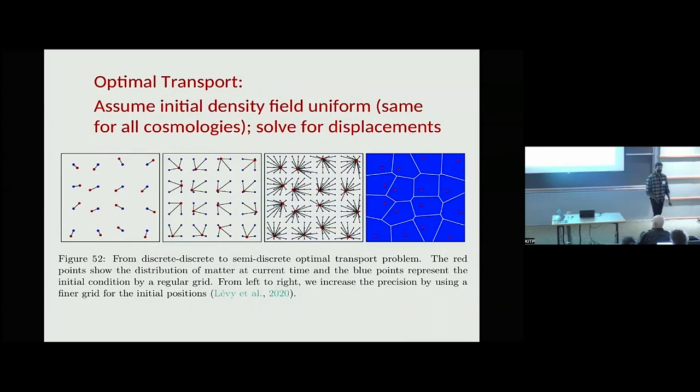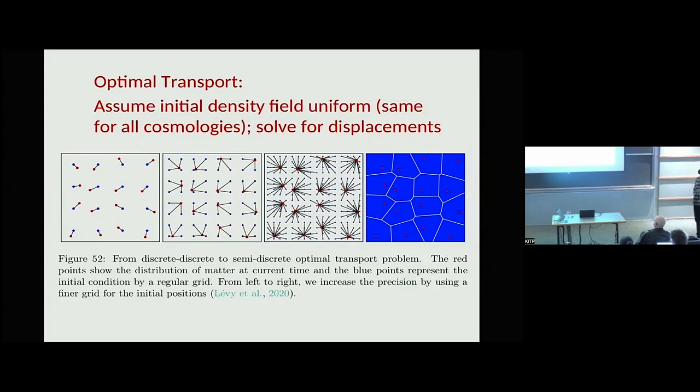Optimal transport. So the question is the following: we see objects, for now let's just say dark matter particles today. And so the dark matter particles today are these red guys, and they're in some clustered distribution. But the red guys came from some initial distribution, and in cosmology we think that the initial distribution was smooth.